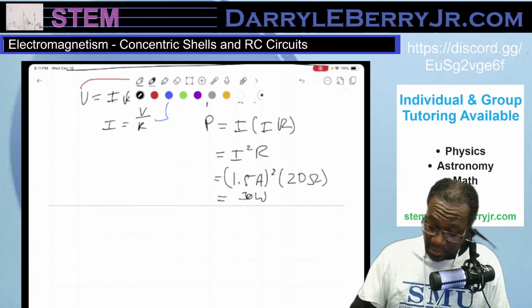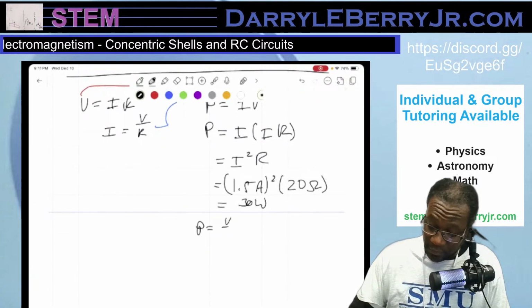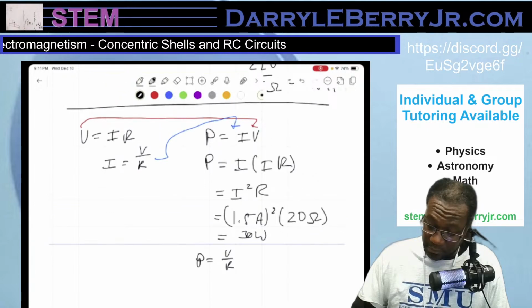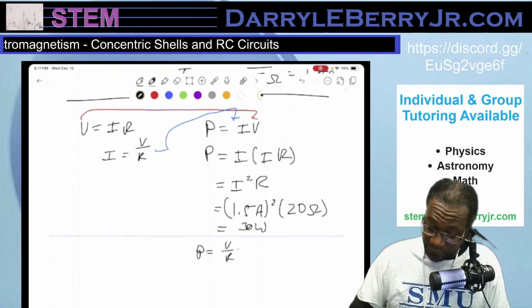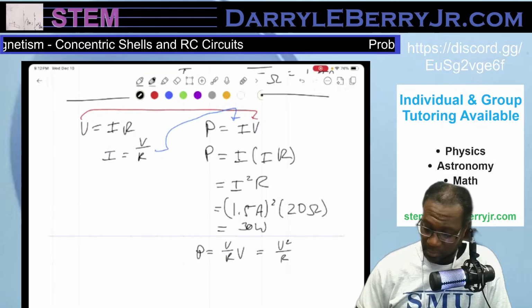This would be power equals V over R times V, which is V squared over R. So it should work.